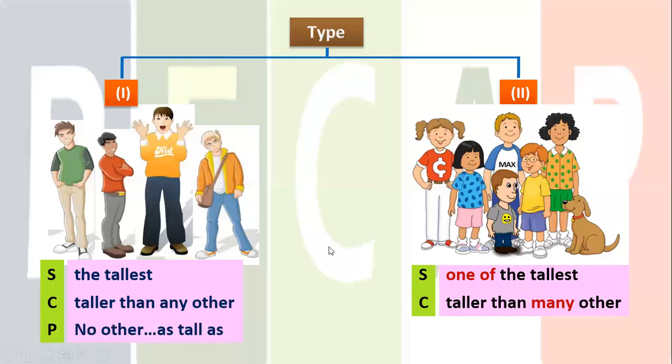In the positive degree, if I say no other person is as tall as person A, in this particular sense, there is no other person, that means no competition at all. But if I say there are very few people who are as tall as him or her, in this case, I can see that there is a little competition for the person compared.